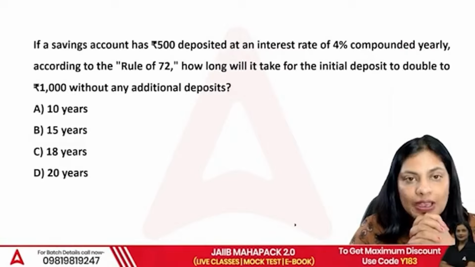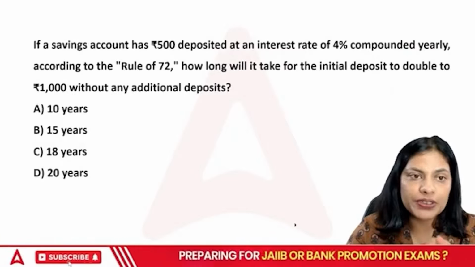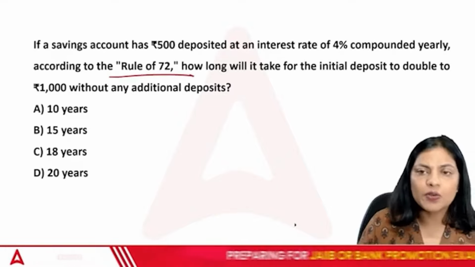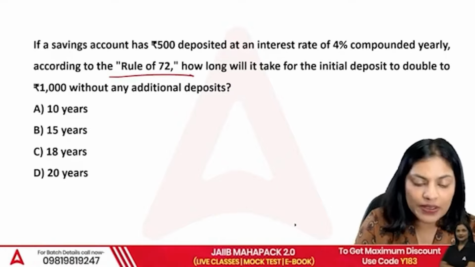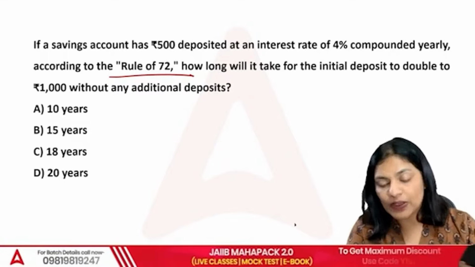If a savings account has 500 deposited at an interest rate of 4% compounded yearly, according to the rule of 72, how long will it take for the initial deposit to double to rupees 1000 without any additional deposit? So rule of 72 is basically used to help us understand how much time it will take to double the amount that we have invested.